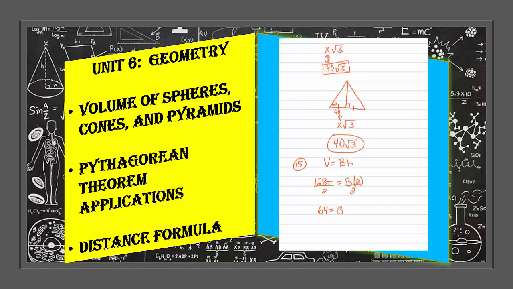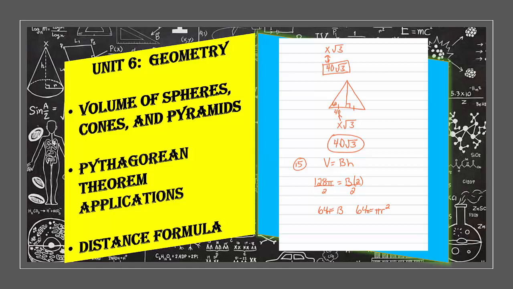Now we got to ask the question, what shape is the base of a cylinder? The base of a cylinder is a circle. And a circle uses the formula pi r squared. So now we are looking for the value of our r, because if we know the value of the radius, we can identify its diameter.